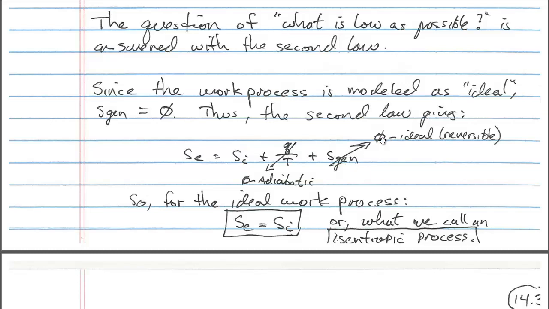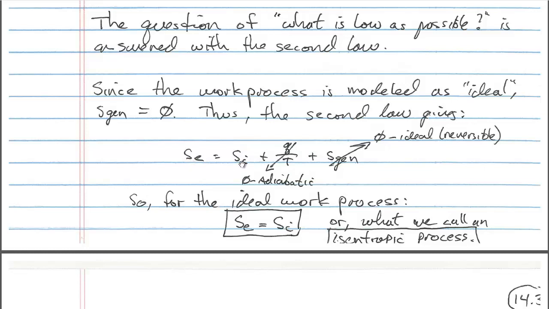Remember that when entropy generation is equal to 0, that's the case of a reversible process, or what we call the ideal process. So our second law tells us that if we're going to call this an ideal device, an ideal process, where ideal means that it's adiabatic and entropy generation is equal to 0, then the exit entropy is exactly equal to the inlet entropy.